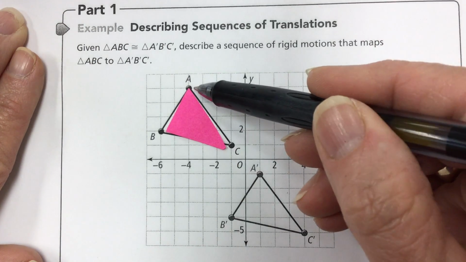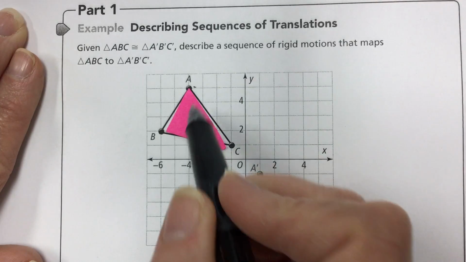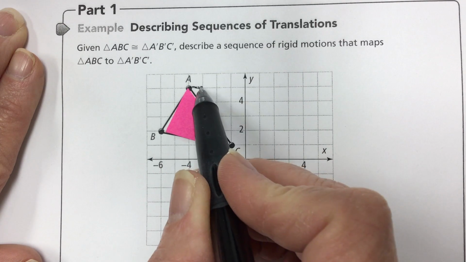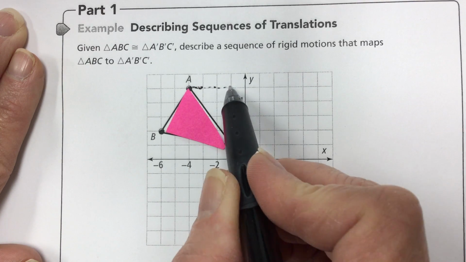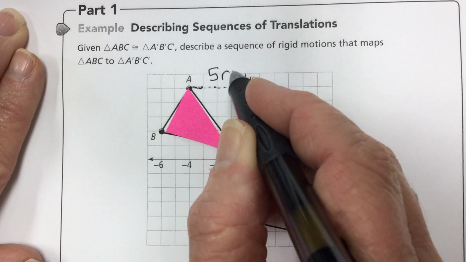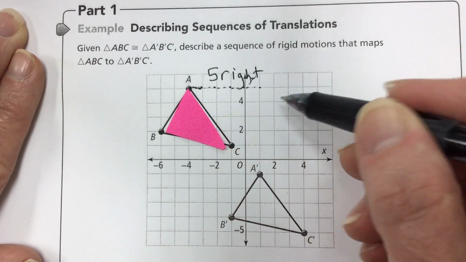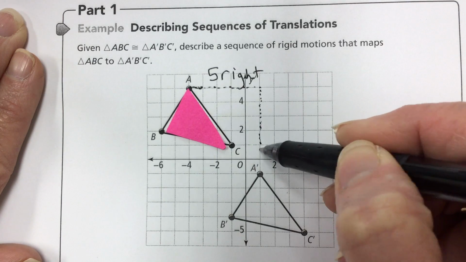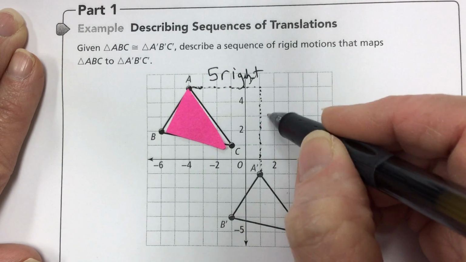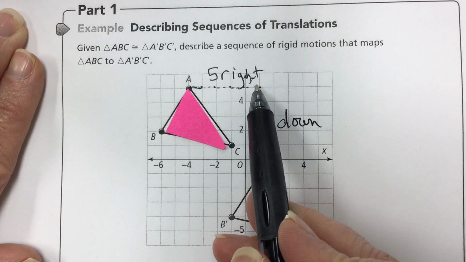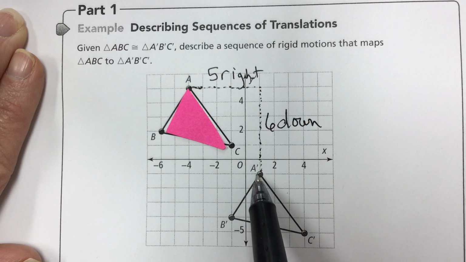So let's start counting, counting over my boxes. 1, 2, 3, 4, 5. So we went 5 to the right. Now let's come down. 1, 2, 3, 4, 5, 6 down. So if I move A to the right 5 and down 6, I'm at A prime.